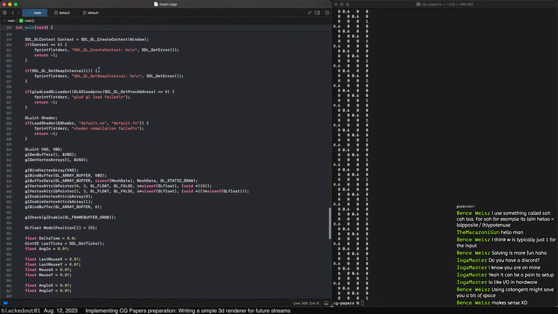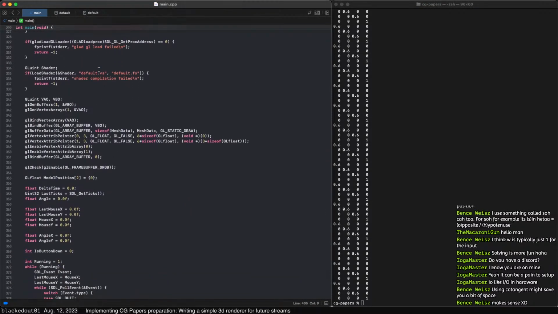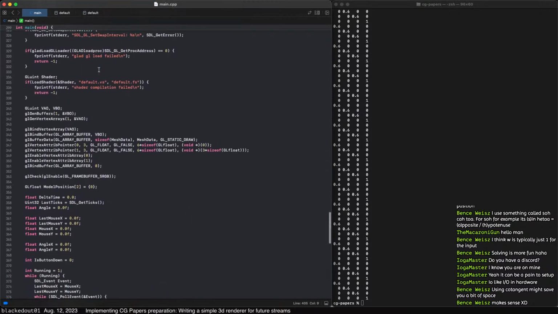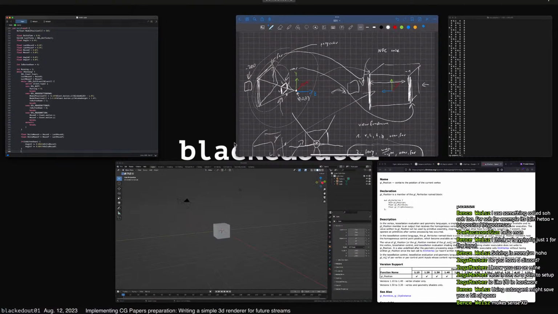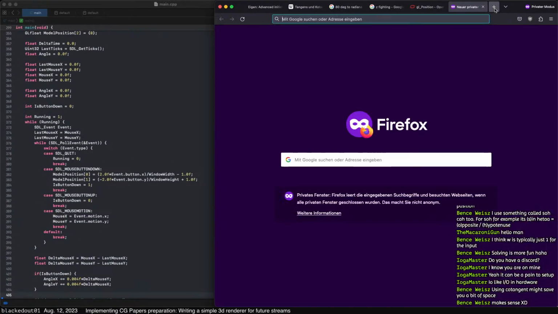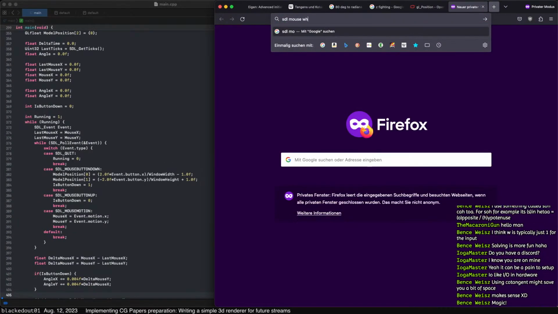So the last thing I want to do maybe is make a zoom. So mouse wheel or something. SDL mouse wheel.